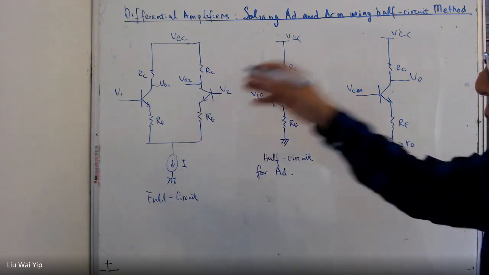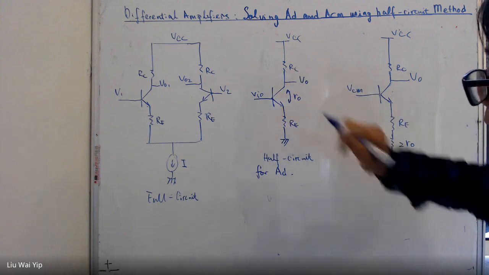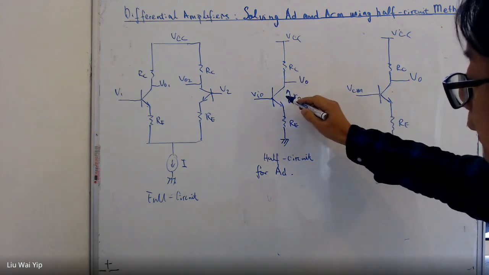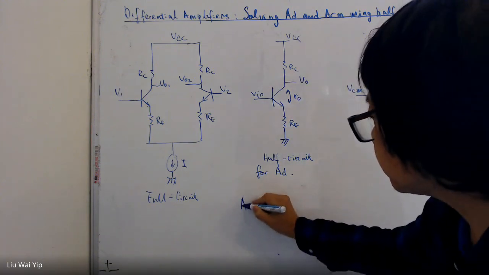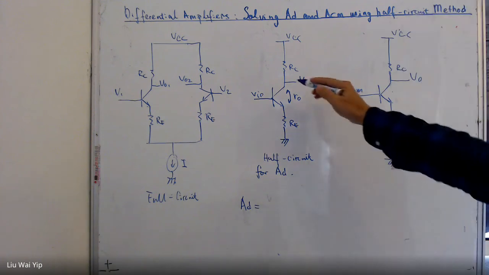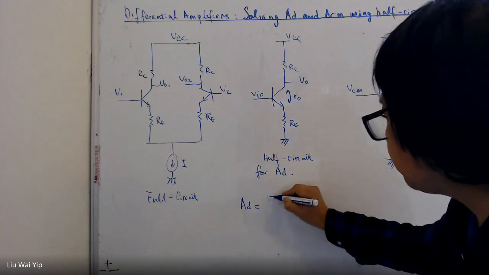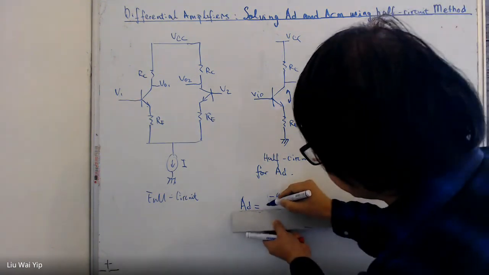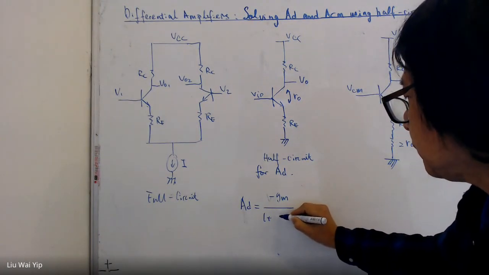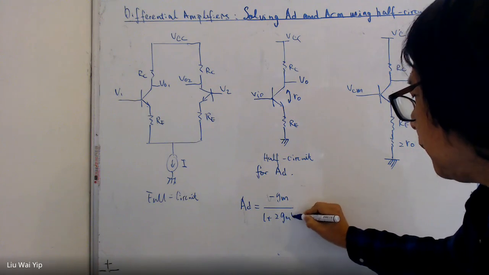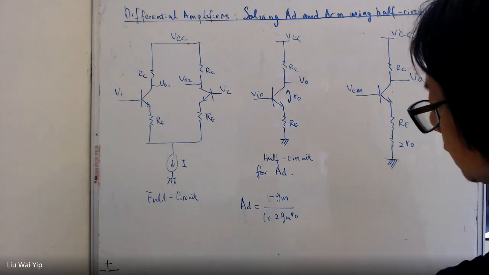So based on the information given here, the gain for this half circuit is minus gm over 1 plus 2 gm R0, RE should be.